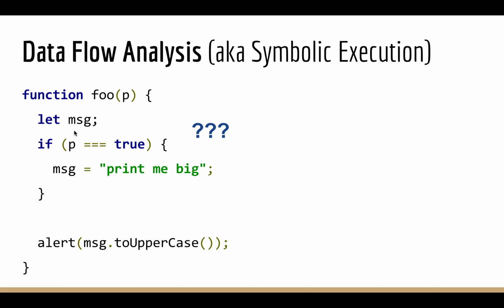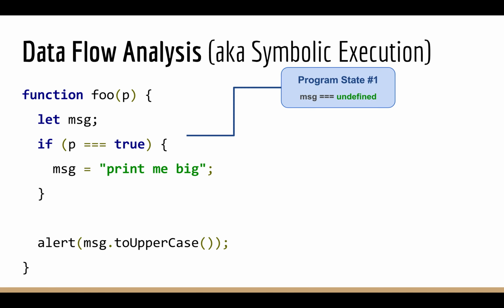Just after the let statement, before the if statement, what is the data of the program which we can certainly know? In fact, we can certainly know just one thing. We know that the message variable has an undefined value, because as we declare without initialization, it's undefined.